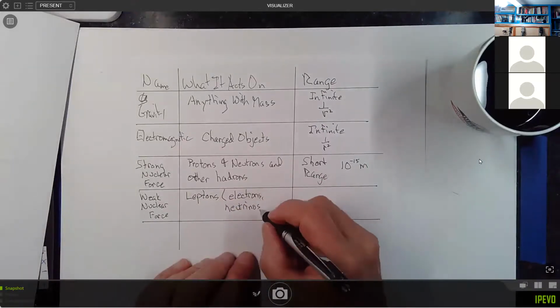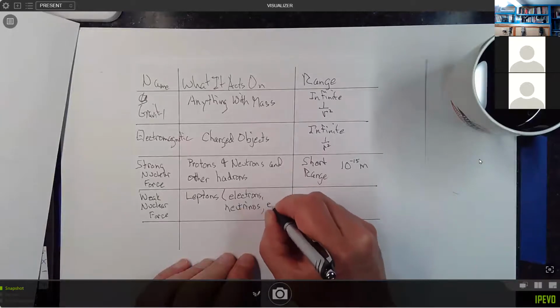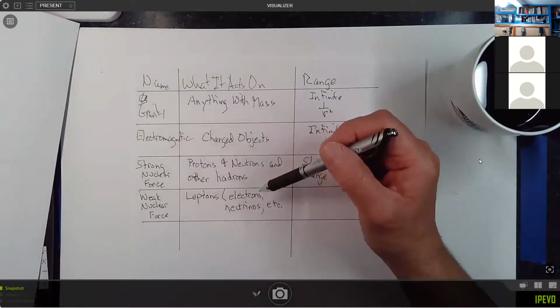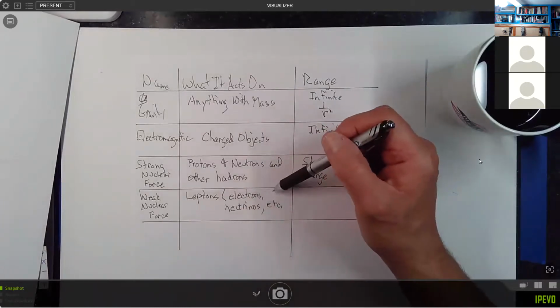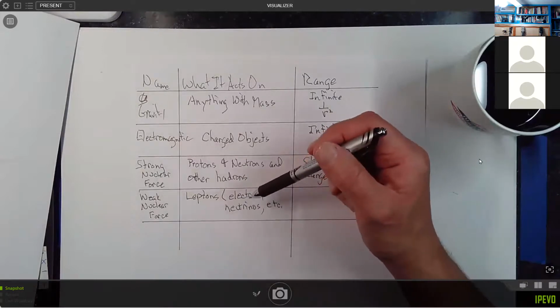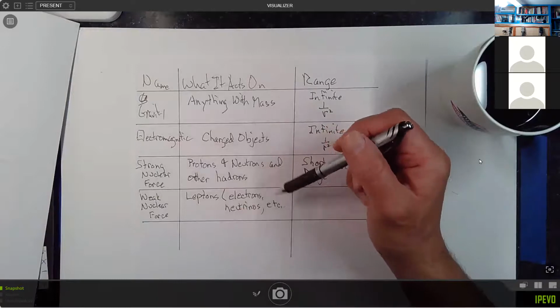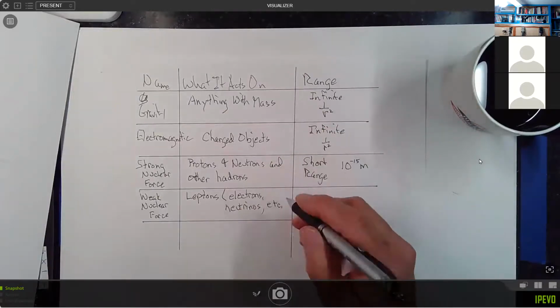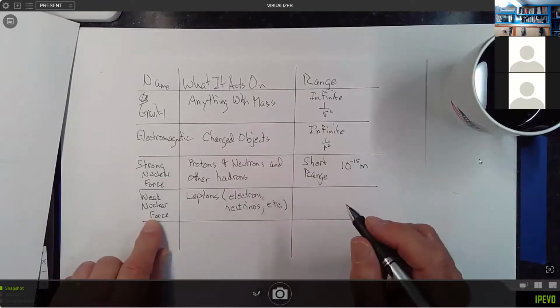The names of the 3 leptons are the electron, the muon, and the tauon. And the neutrinos are called the electron neutrino, the muon neutrino, and the tau neutrino. Those 6 are the leptons, and those are the particles that are acted on by the weak nuclear force.